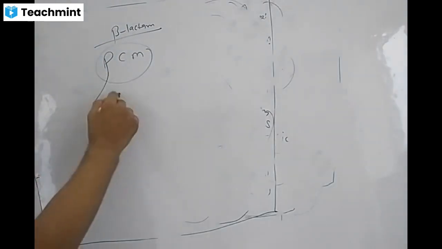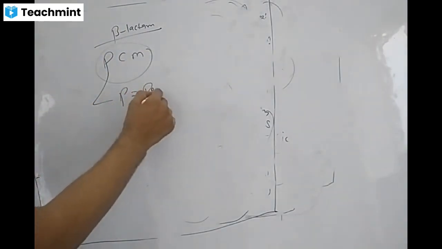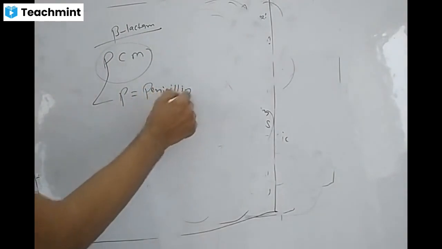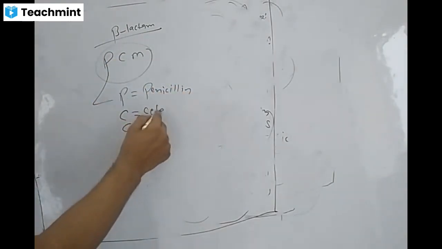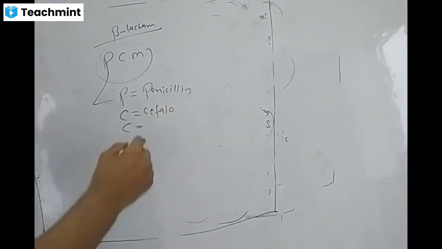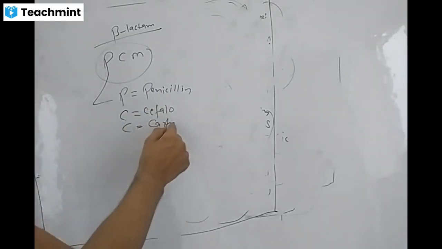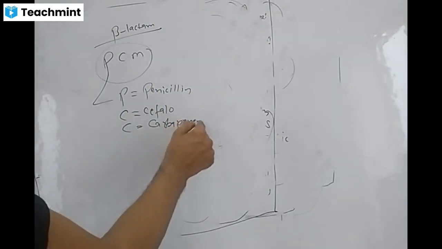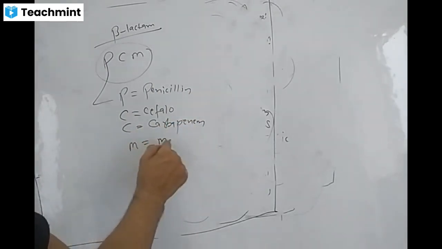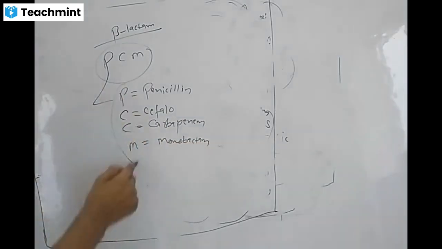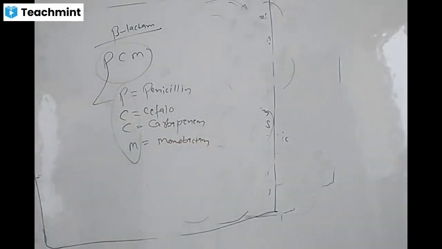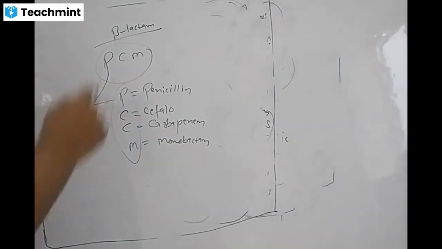P stands for penicillin, and there are two C's: one is cephalosporin, and the other is carbapenem, and M is for monobactam. So this PCM is your beta-lactam group.